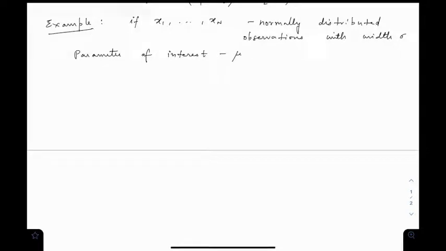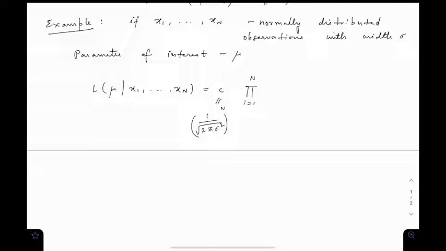The likelihood function L for mu given x1 up to xn is some constant, which is nothing but 1 over 2 pi sigma squared to the power n, and then the product over the exponentials.